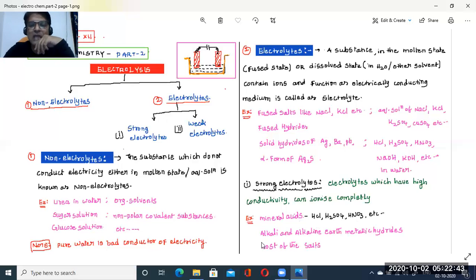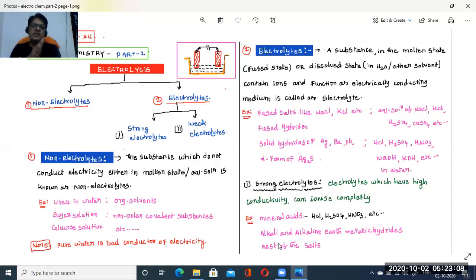Okay. Next, alkali and alkaline earth metallic hydrides, that means the first A group and second A group elements and their hydrides. Let us take the example of alkali metals. What are the alkali metals? Lithium, sodium, potassium, rubidium, cesium, and francium. Francium is a radioactive element, so just leave that.